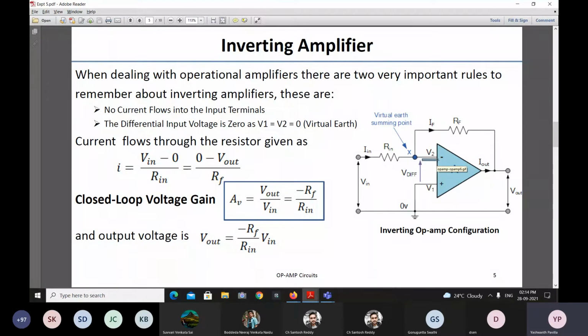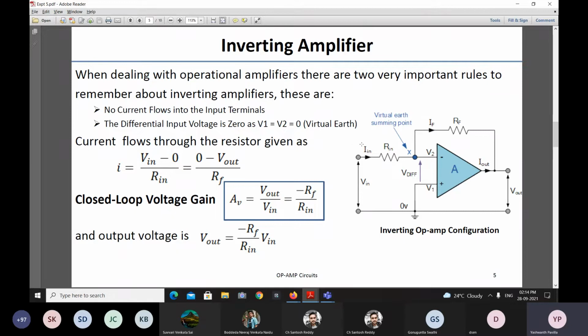So you can say that the feedback current flowing from V2 to V out is equal to the input current flowing from V in to X. Using this relation, we can obtain the final equation which relates the output voltage with input voltage. We say that In is equal to If, right?